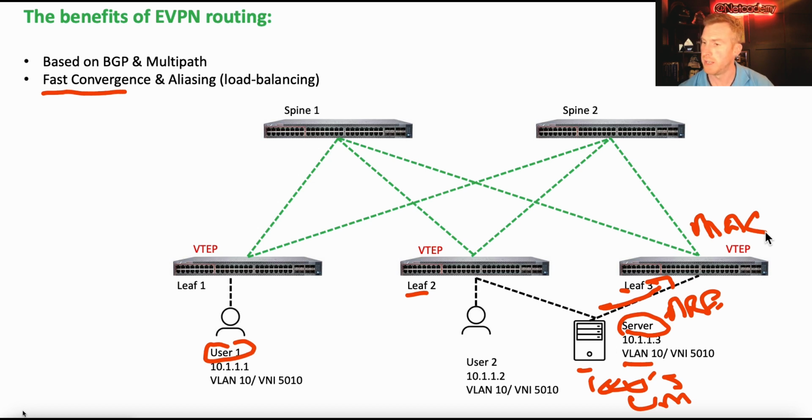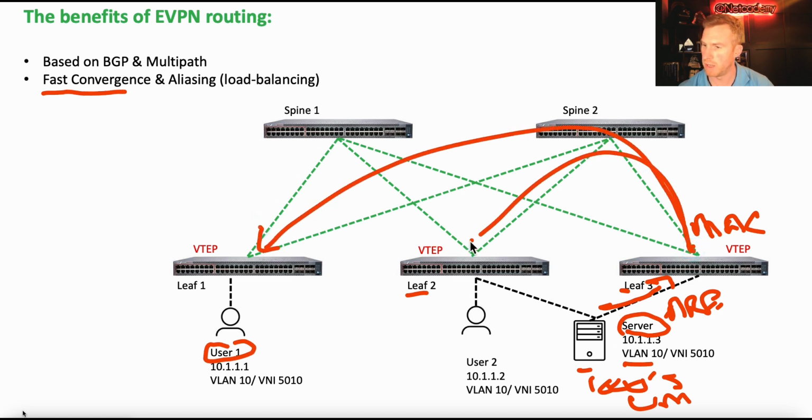Then it will advertise that over to leaf 1, but it also advertises it over to leaf 2. Now, because that advertisement has not come from leaf 2, because leaf 2 didn't get that ARP request, leaf 2 is not going to advertise to leaf 1 that it has that MAC address connected to it as well.